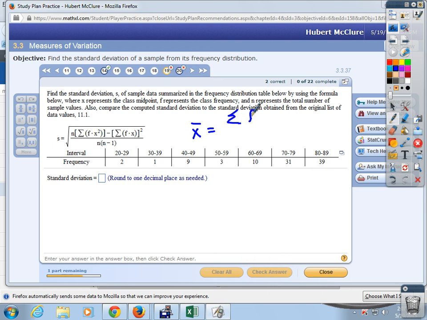It's equal to the summation of f times x over n. Before we get into this, and we'll get into this Thursday, S is equal to the standard deviation. N is the summation of all your f's.